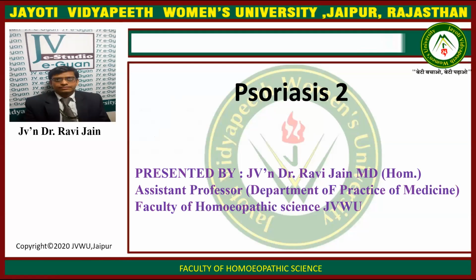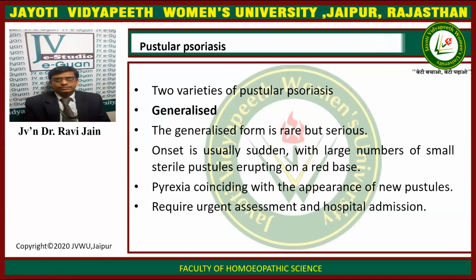Today, we are going to continue with the previous lecture of Psoriasis 2. Today, we are going to start with pustular psoriasis. Pustular psoriasis has two varieties, generalized and localized. The generalized form is a rare form, but it is more serious in condition.